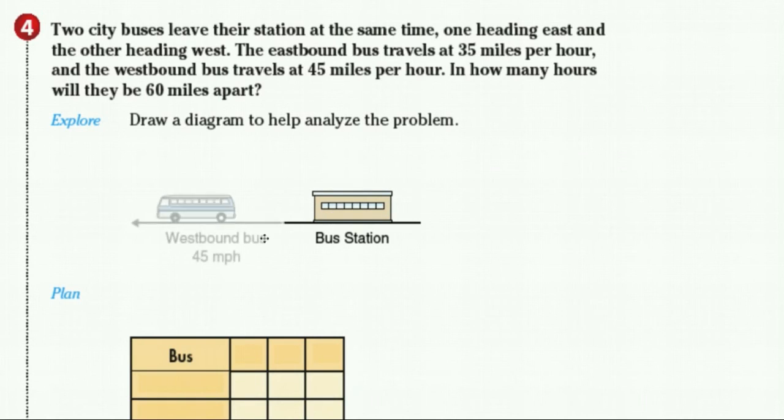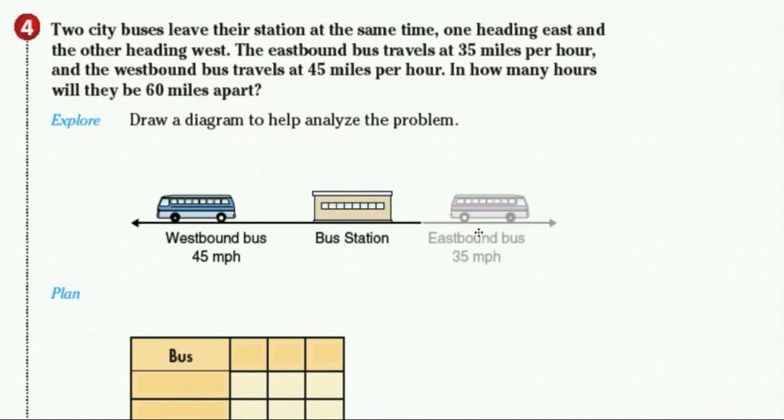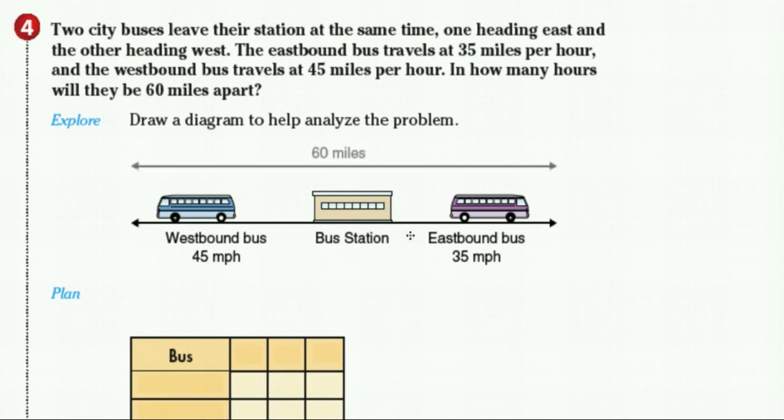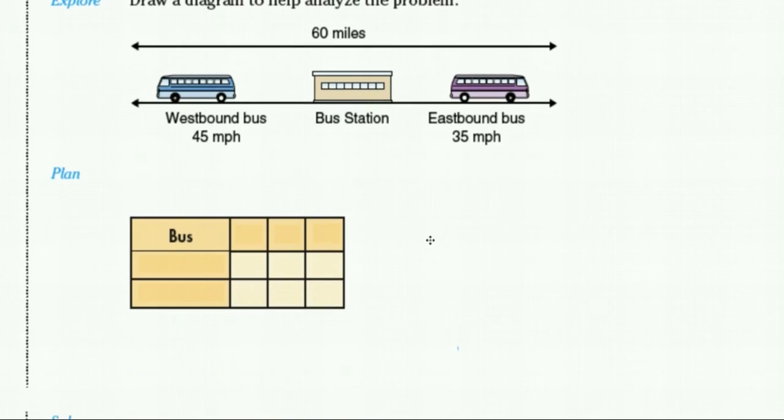The one going west, I'm sorry, is traveling at 45 miles per hour. The other going east is 35 miles per hour. And the question we want to ask is: how many hours will they be 60 miles apart?